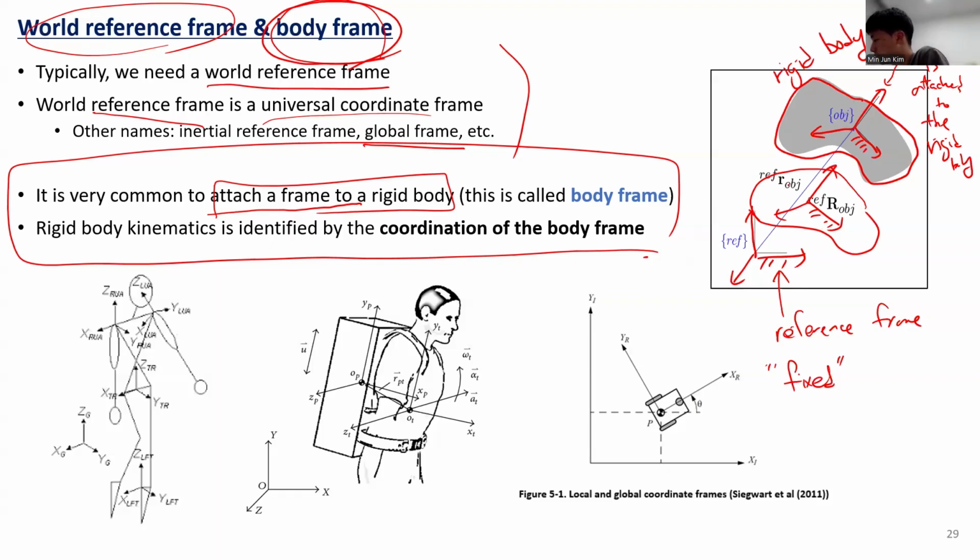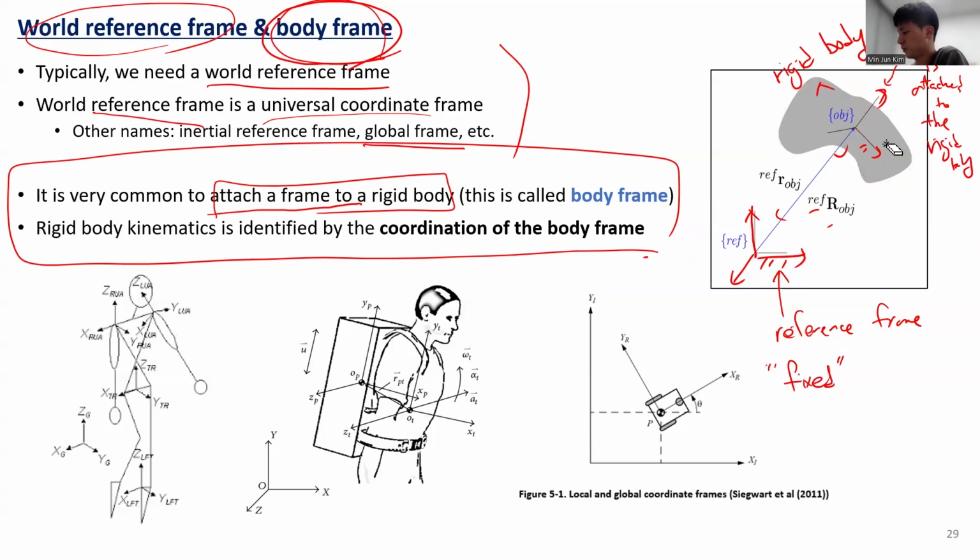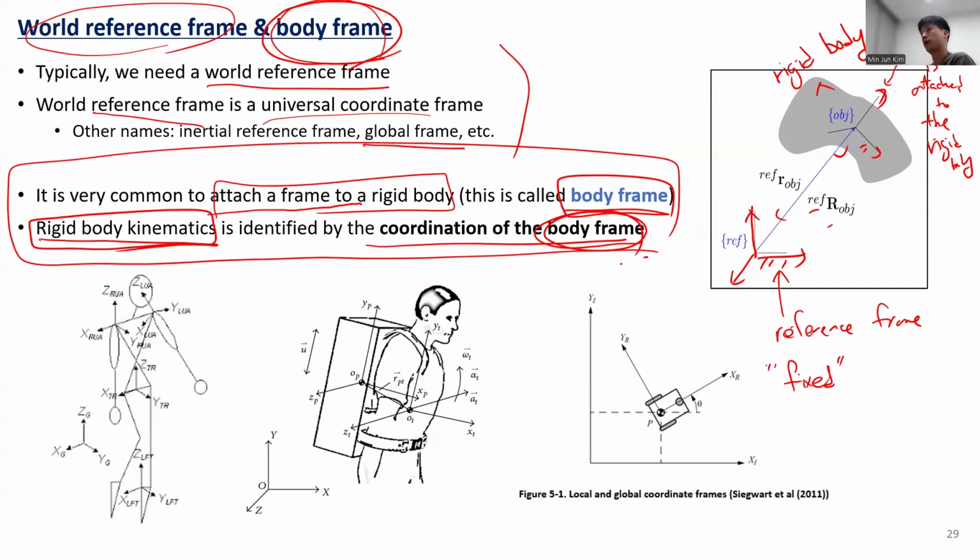If this body rotates like that, then this body frame also rotates, because it is attached to the body. So basically, rigid body kinematics is identified by the coordinates of the body frame. We just follow, I mean track, the body frame.